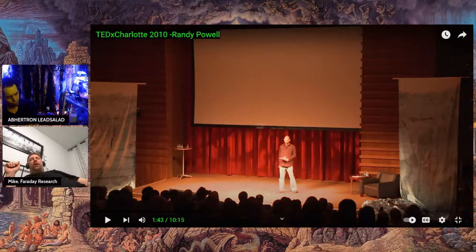From what I understand, the fields are a lot greater in the Tesla pancake coil because of the way the geometry is. It's a 2D object, so when it generates the field, it's in a 2D form, whereas a rodent coil is actually a three-dimensional geometry. Maybe it's a fourth dimensional coil.